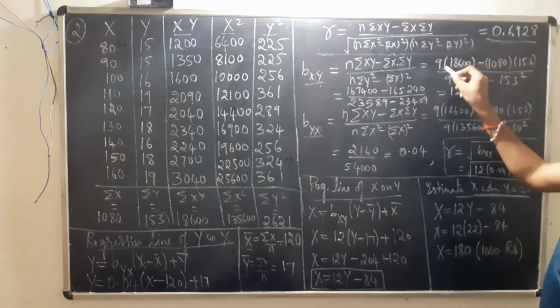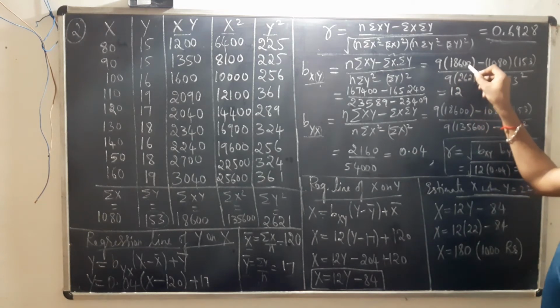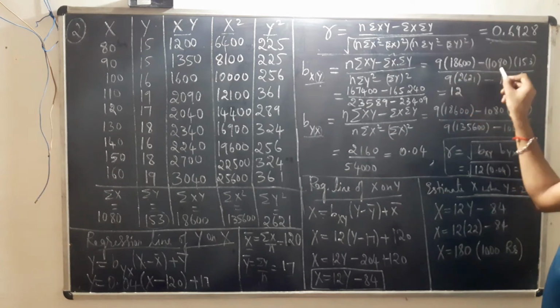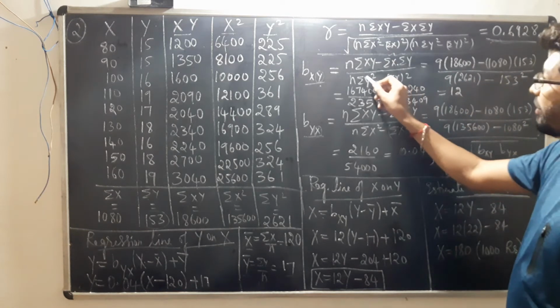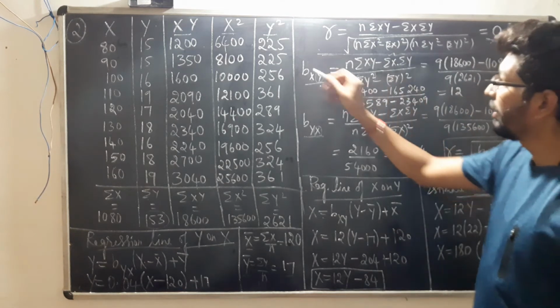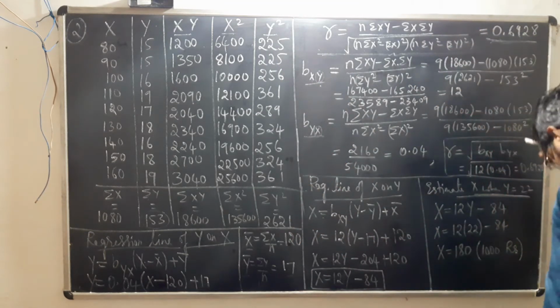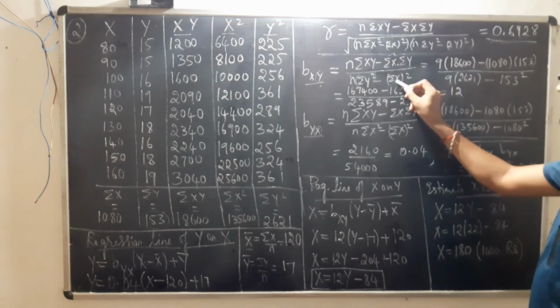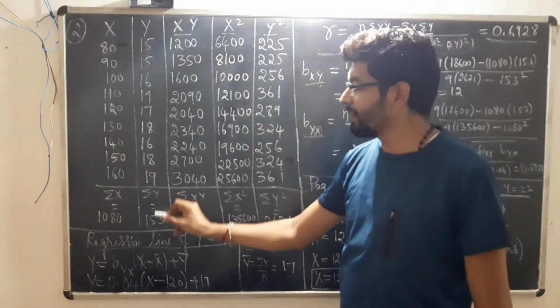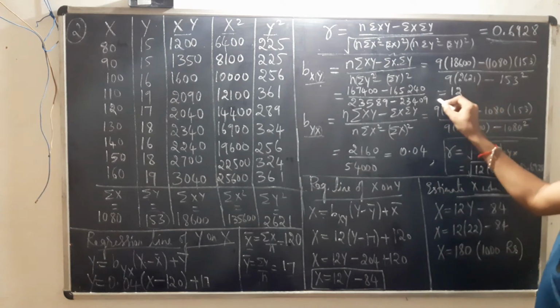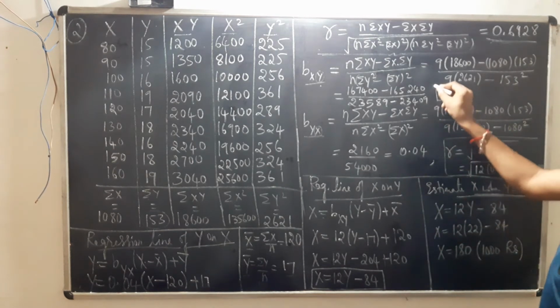Substituting the totals, we have 9 into 18600 minus 1080 into 153 divided by n sigma y square. So it is sigma y square, that is the total of y square, 2621. So 9 into 2621 minus sigma y whole square. Sigma y is 153 square. Now simplify this, that will give you bxy as 12.